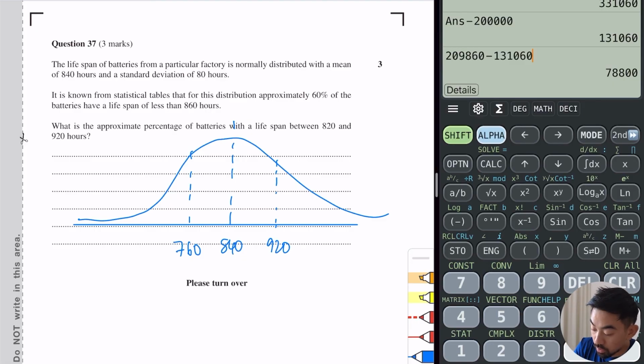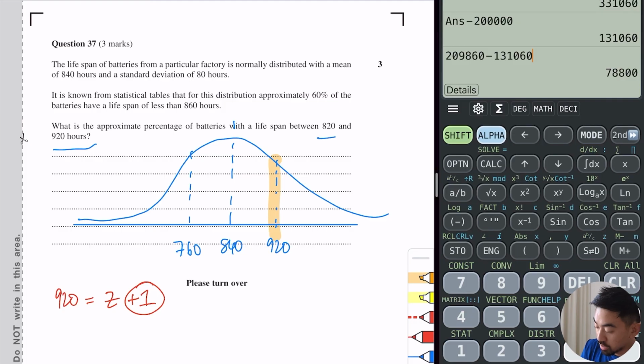Okay, now I want to find what is the approximate percentage of batteries have a lifespan between 820 and 920. Well, 920 there is already one standard deviation away. So I'm literally just going to mark a note of that. 920 is equal to a z-score of +1.